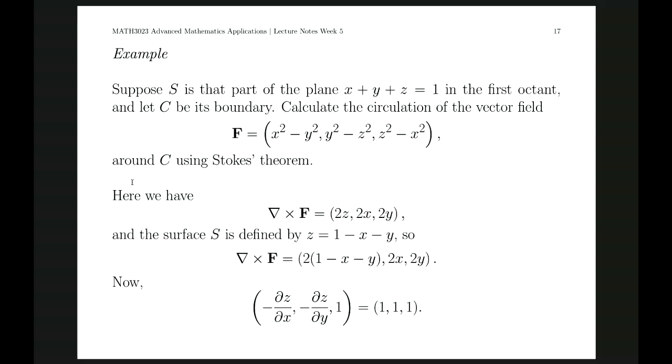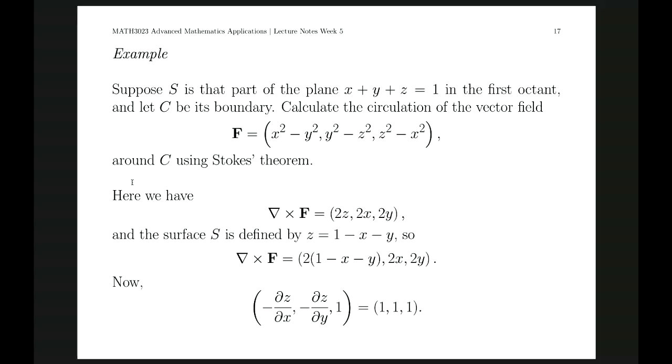Let's have a look at this one. I'll turn this around a different way. Let's say I've given you this vector field, x squared minus y squared minus z squared, and z squared minus x squared. So I've got a 3D vector field, and I want you to calculate the circulation over the region that's the plane x plus y plus z equals 1.